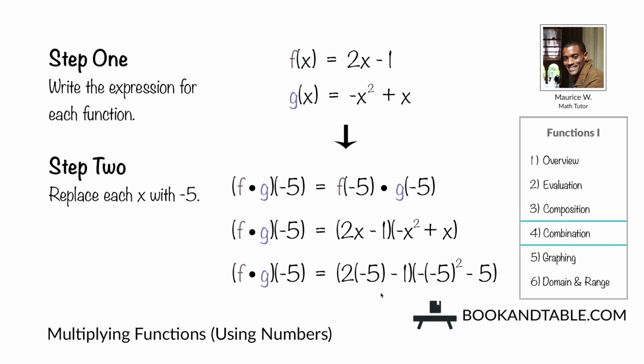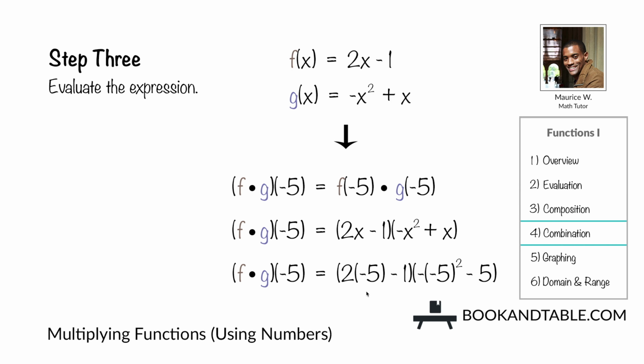And now that we've replaced each x with negative 5, we can evaluate this expression. So we get 2 times negative 5, which is negative 10, minus 1, times negative 5 squared is 25. So that would give us negative 25 minus 5. Negative 10 minus 1 is negative 11, times negative 25 minus 5, which is negative 30.